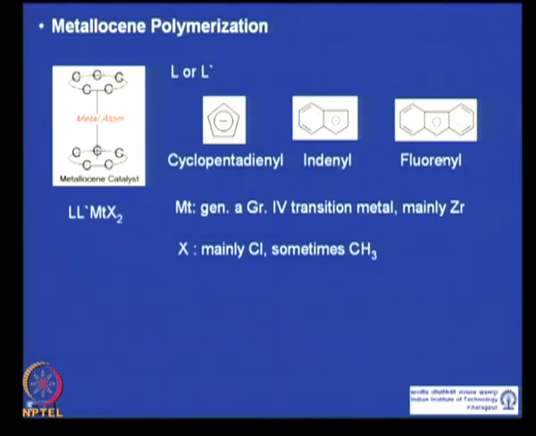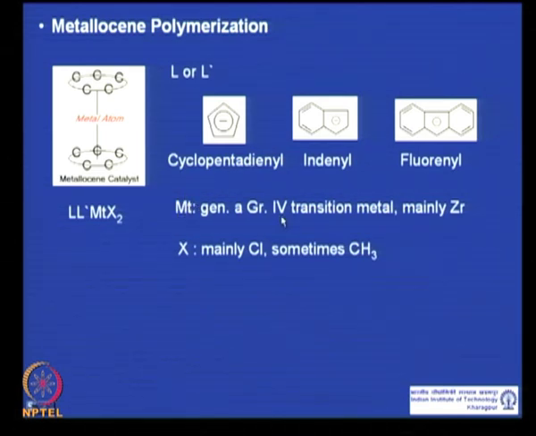These are a few examples of the ligands present in metallocenes. For example, ferrocene is an example of metallocene, where you have 2 cyclopentadiene rings coordinated with, attached with iron.